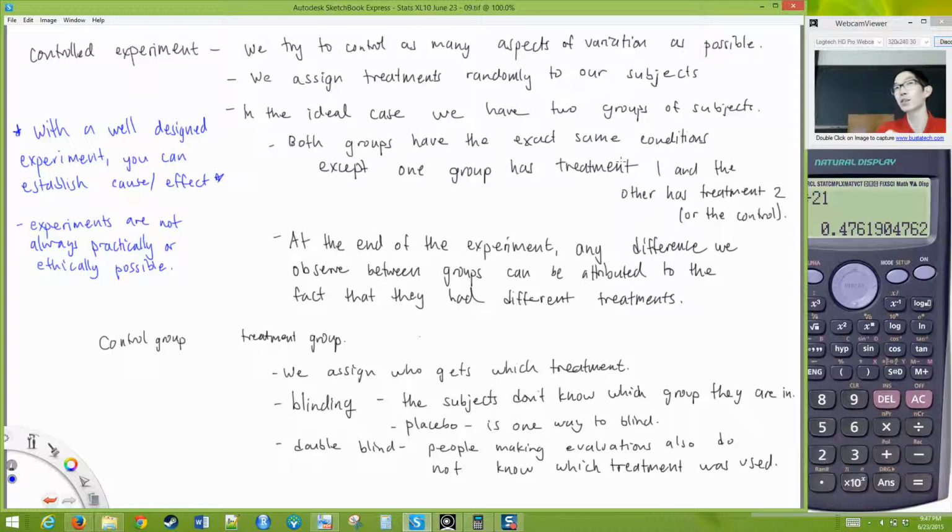So in our case, our sample would be people from Jamaica, and our conclusions can only be generalized to the people of Jamaica. It cannot be generalized to the entire world, or things like that. So anyway, that's something to consider.